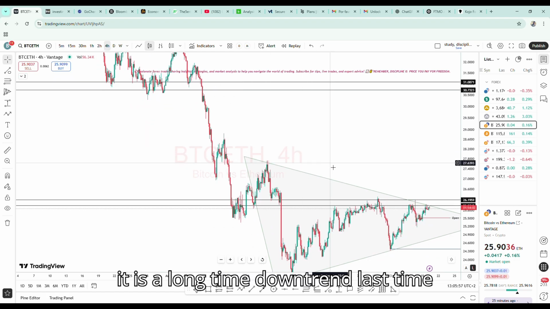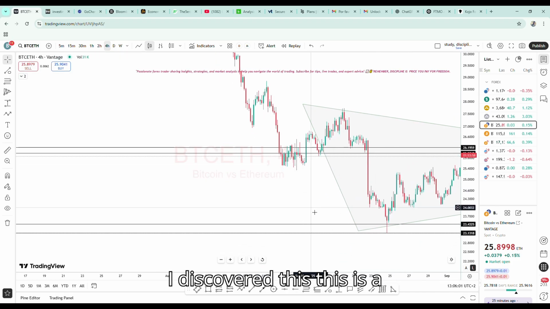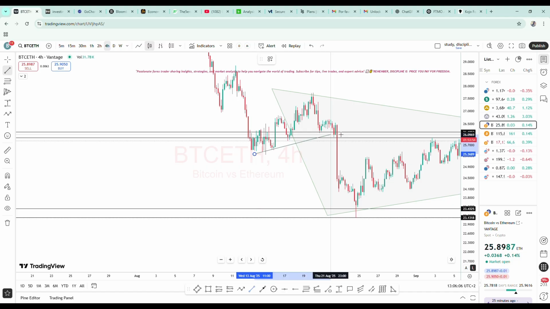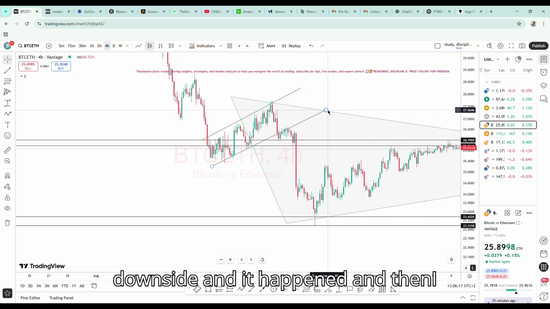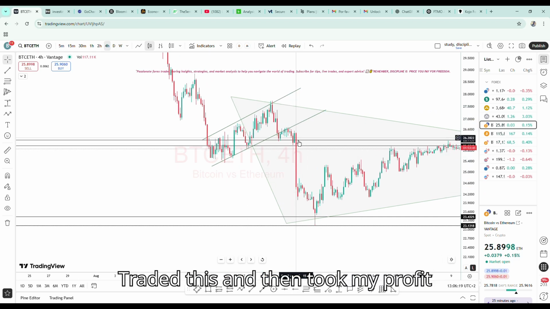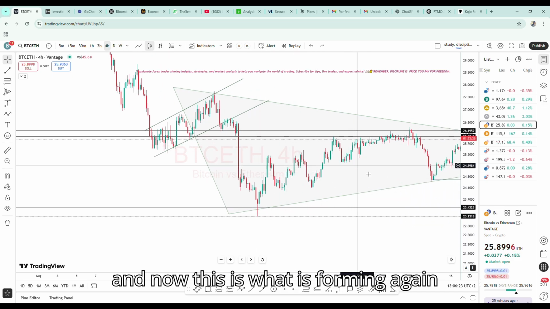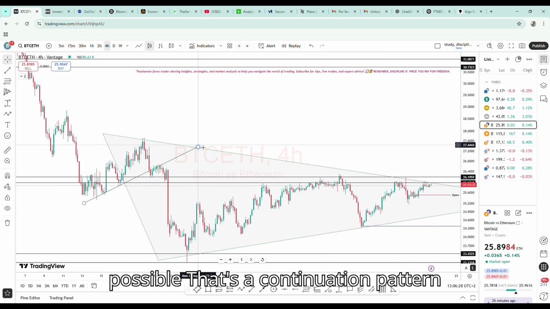Last time I discovered this is a bearish flag, which I traded, and I was expecting the break to the downside, and it happened, and then I traded this and took my profit. Now this is what is forming again, a bearish pennant, which is also possible.